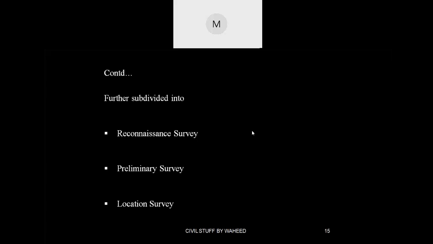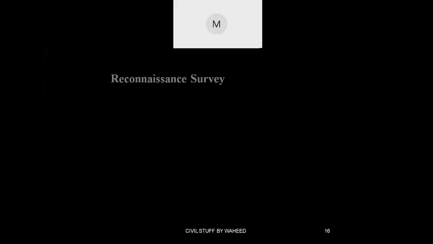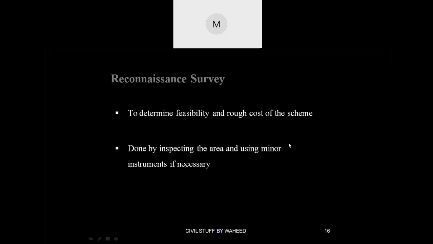Further subdivided into reconnaissance, preliminary and location surveys, as I said. Reconnaissance means directly from the map itself you are going to decide the location approximately. From the map you are going to check the feasibility and rough cost of the scheme.